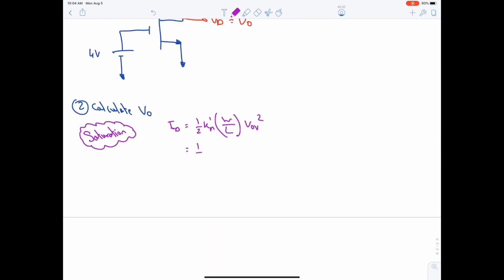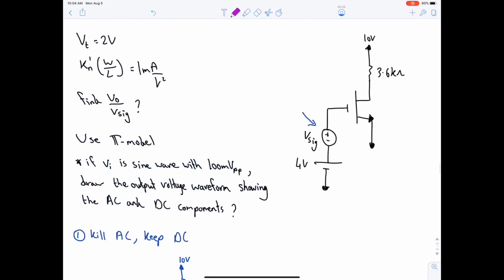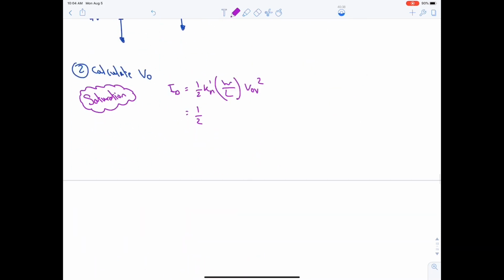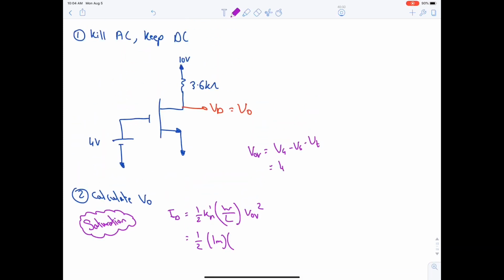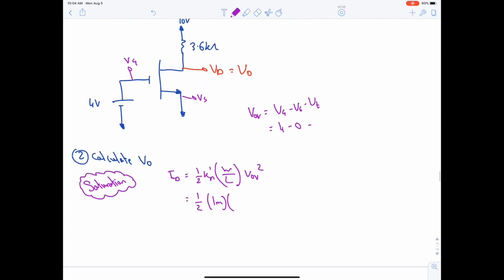Okay, so half Kn prime with W over L is 1 milli. VOV squared is, we do not have it, let's compute it. Vg minus Vs minus Vt. Vg is 4 here. S is 0. And T is 2, which is equal to 2 volt.